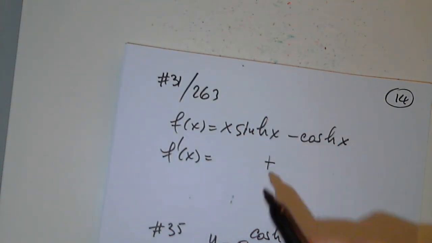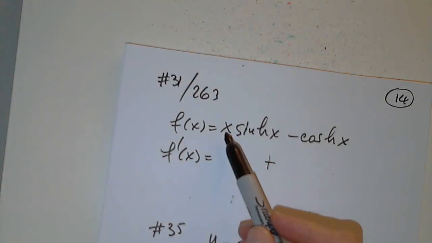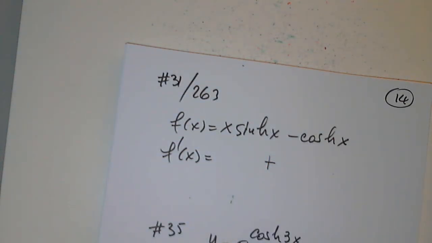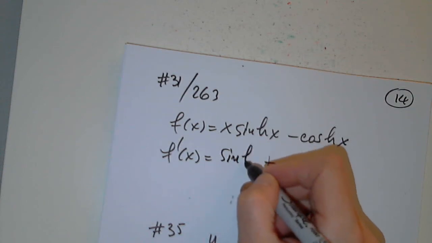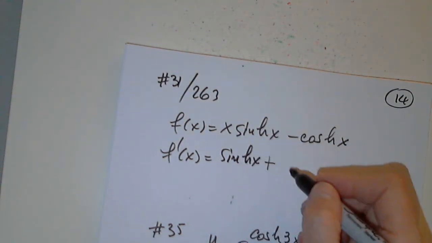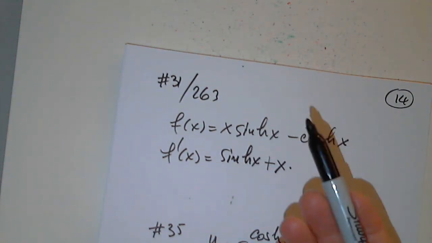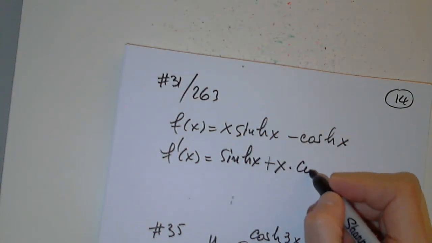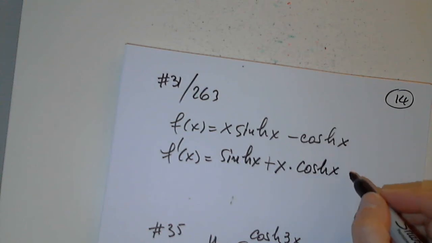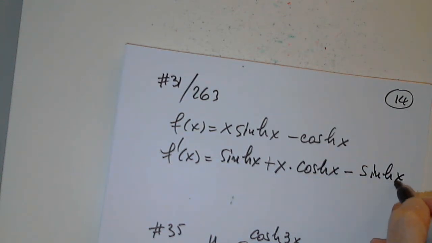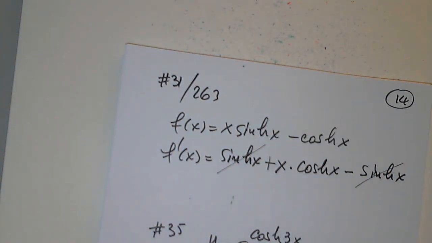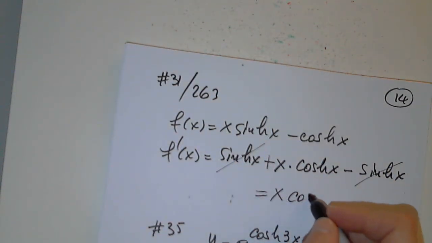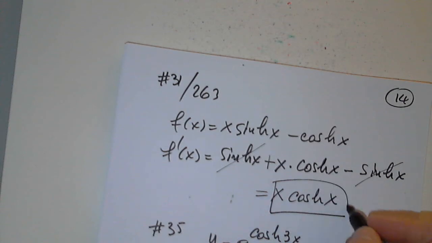So I have to write a sum of two terms. x prime is 1 times hyperbolic sine x plus x times, I differentiate sine to write hyperbolic cosine x. And here minus hyperbolic sine x, would you agree? It happens that these two will go away and the final answer is nice: x times hyperbolic cosine x.